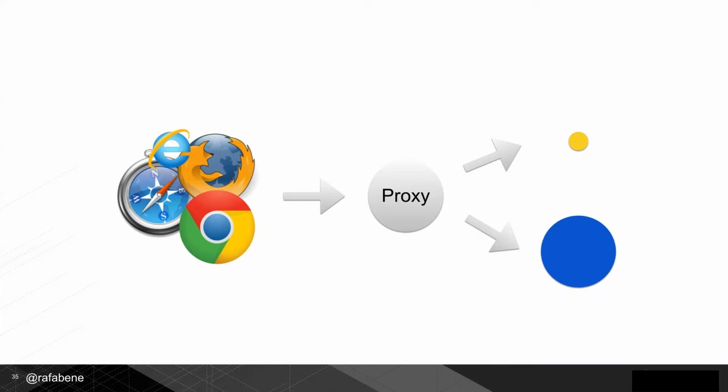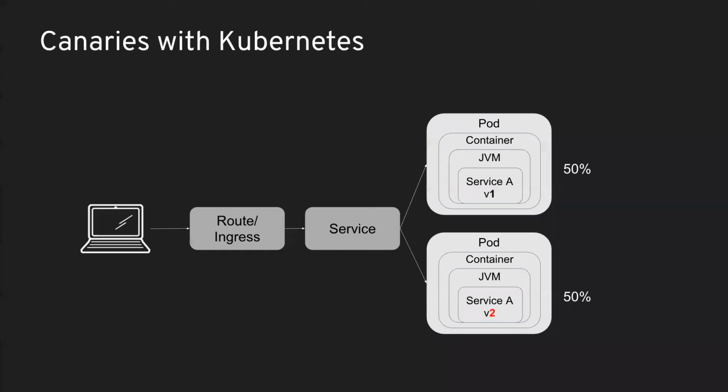So if there is something wrong, only 10% of the users would see that error coming from the canary version. So you reduce the risk. But if everything is okay, you can start to increase the traffic on that canary version. Of course, if something goes wrong, you can remove the canary version from the load balancer.